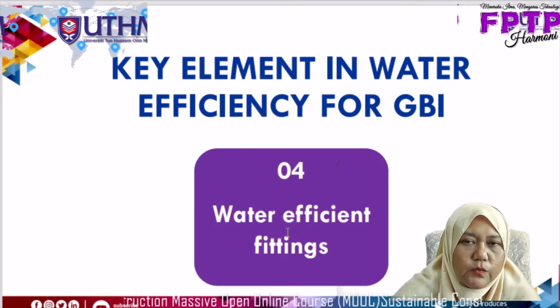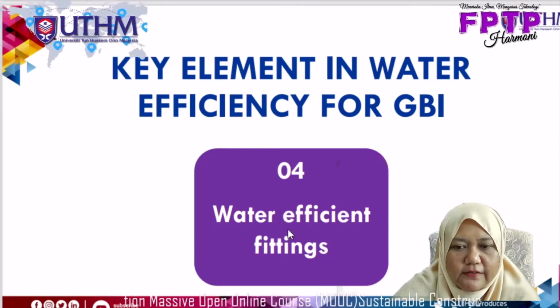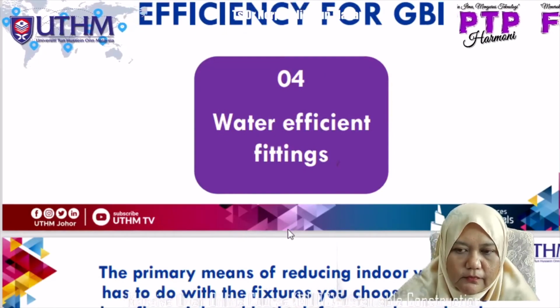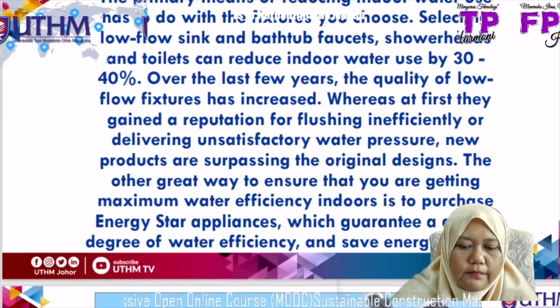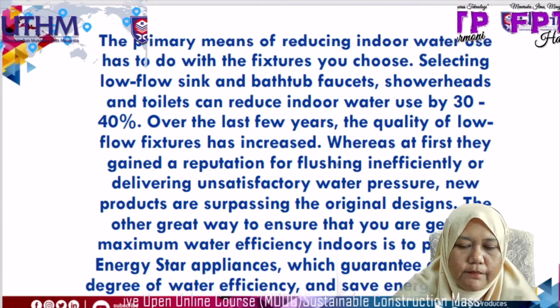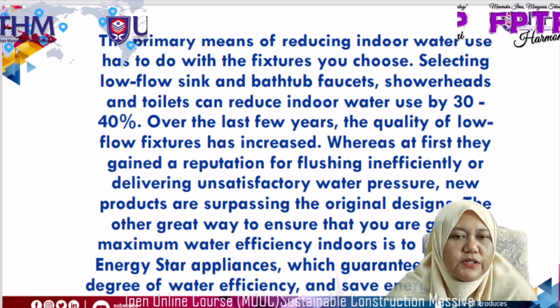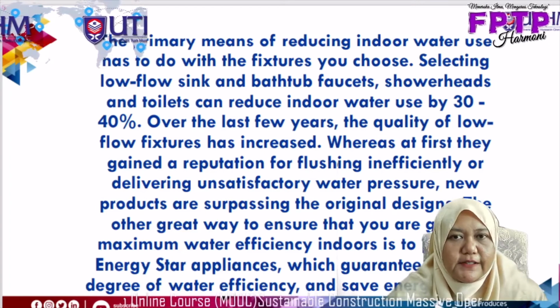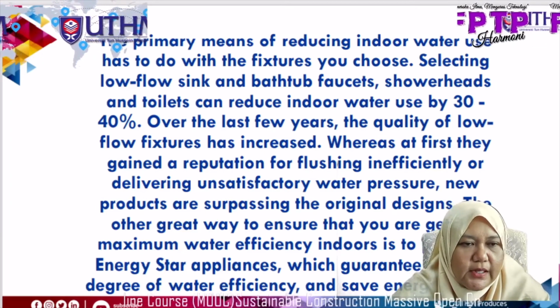The fourth key element in water efficiency for GBI is water efficient fittings. The primary means of reducing indoor water use has to do with the fixtures you choose in your house.